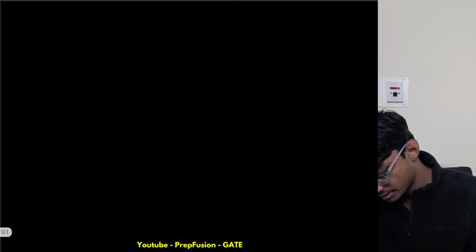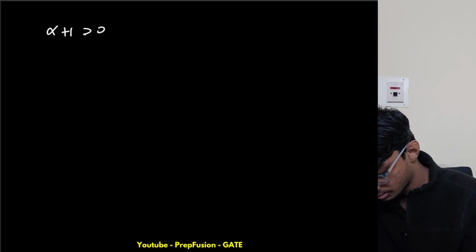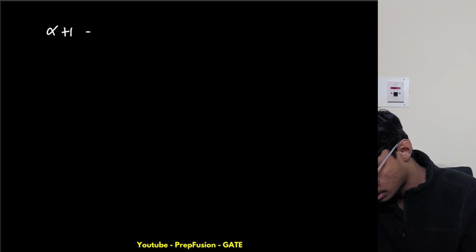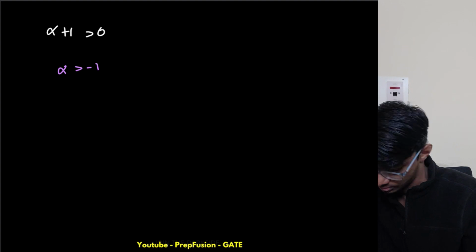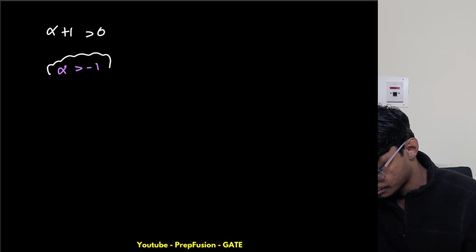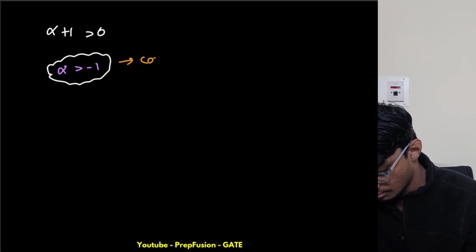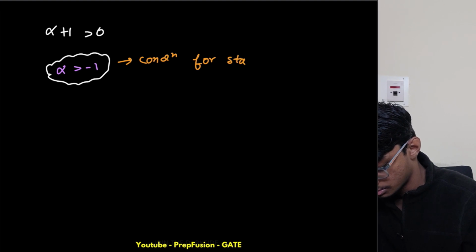So if all the coefficients are of the same sign, then this alpha plus 1 should also be greater than 0. So if this is greater than 0, then alpha should be greater than minus 1. Okay, so alpha should be greater than minus 1, and this is the condition for stability.